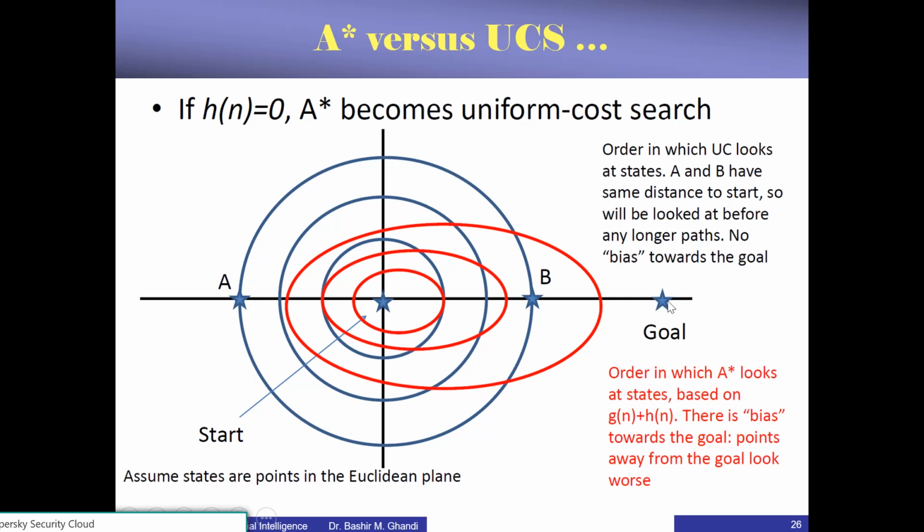Uninformed search has no idea where the goal is, so it will just be looking at all the states equally likely, just based on the information it has so far. But A star, because it is using the hint it got from the heuristic function, will be moving closer to the goal, and eventually it will reach the goal much faster. This is basically what these diagrams are trying to tell us. And this is the end of this lecture. Thank you very much.